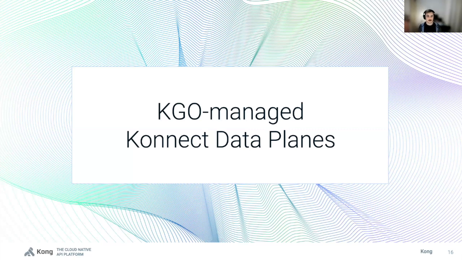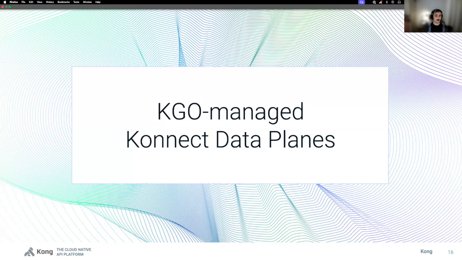So for instance, to cover the basics for our demos, in order to communicate with Konnect, we obviously need some sort of credentials. And to express those, we provide the Konnect API auth configuration CRD, which either contains the token verbatim inside of it, or refers to a secret which contains the token, which we're actually going to use in this demo.